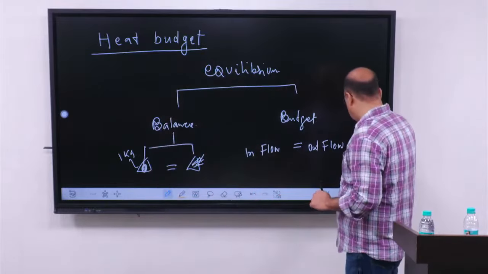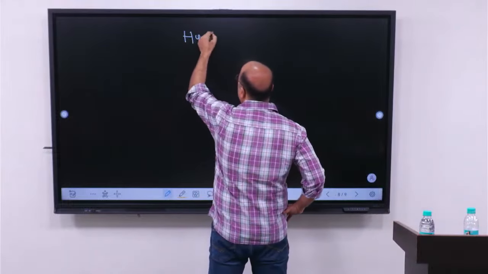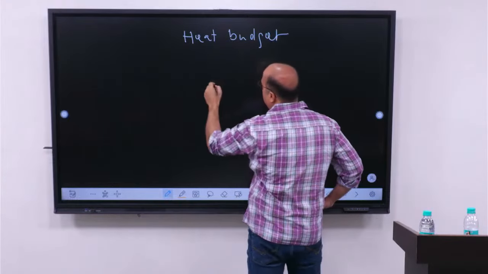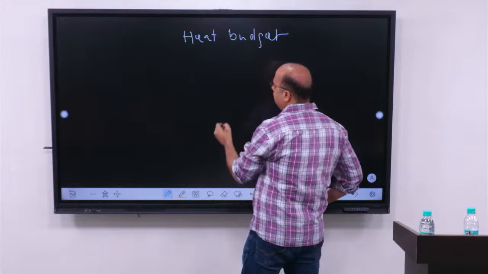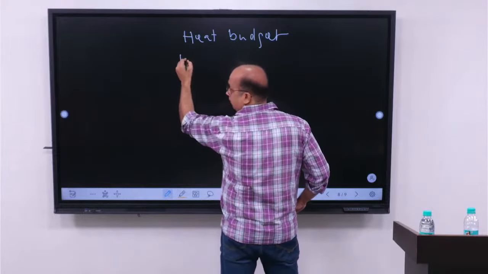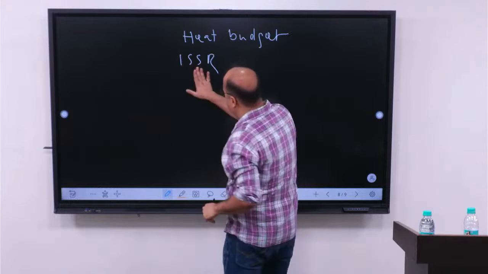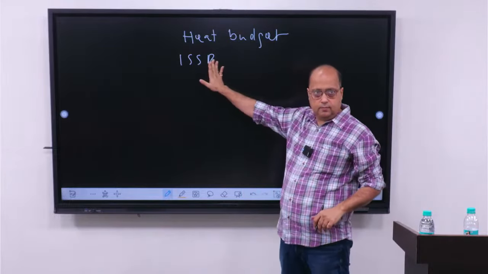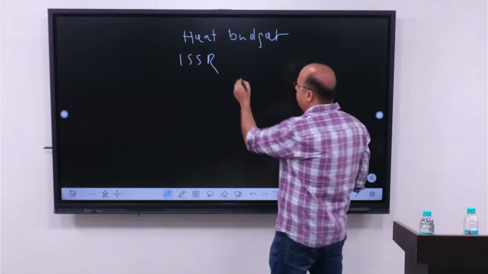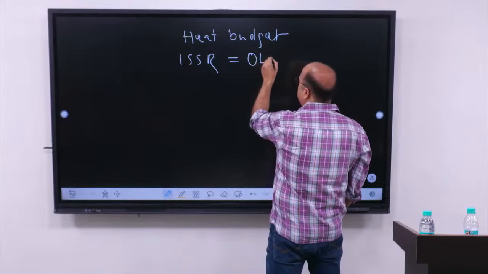So in heat budget, we actually see the balancing feature of incoming short wave solar radiation. Is this acronym clear? Incoming short wave solar radiation is balanced by outgoing long wave terrestrial radiation.